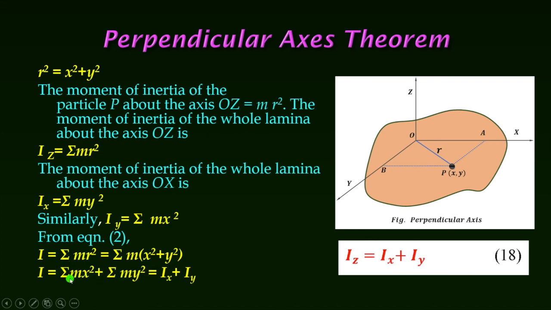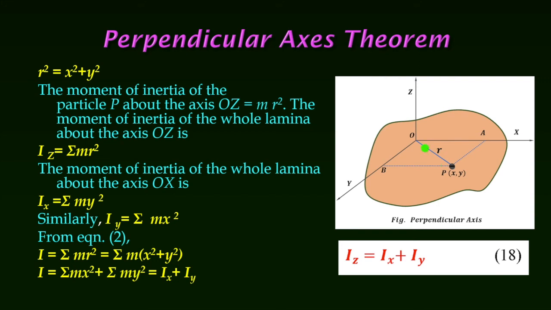This is equal to Iy, and this is equal to Ix. So finally, Iz equals Ix plus Iy. This is the relation for the perpendicular axes.